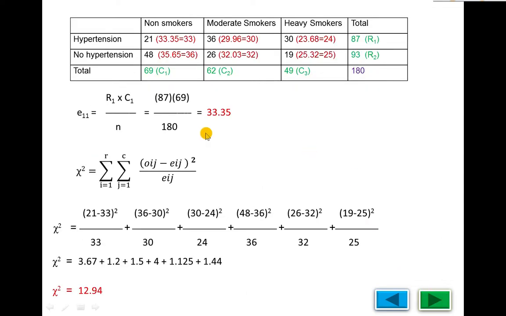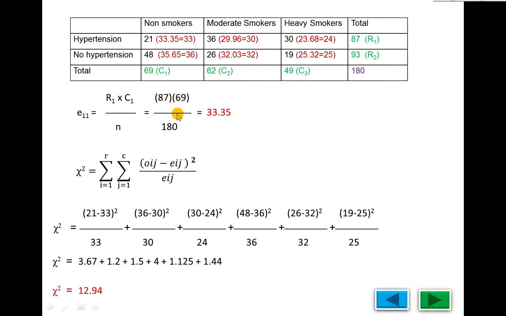So how do we find the expected frequencies? First calculate the totals of the columns and the totals of the rows. This is the total of the rows, this is the total of the columns, and the grand total is 180. For E11, first row, first column, the total of row 1 is 87 and the total of first column is 69.